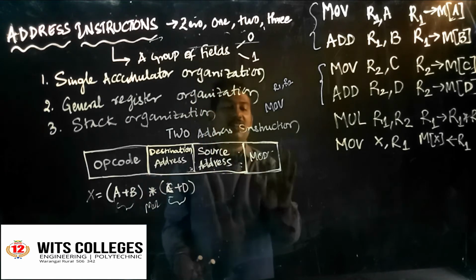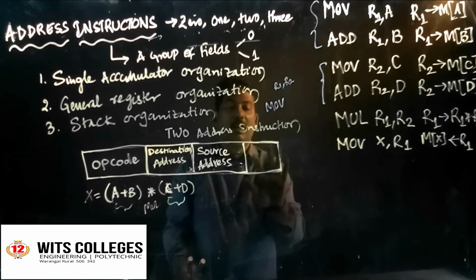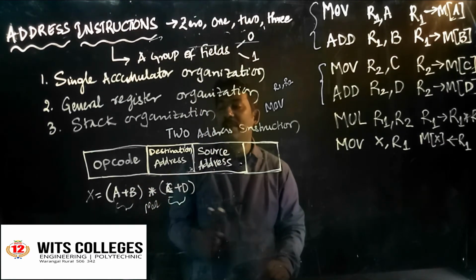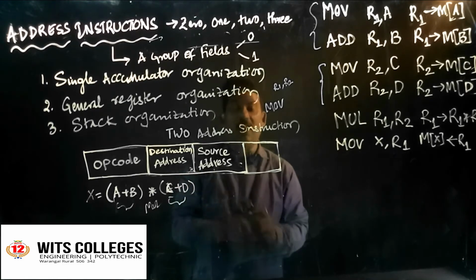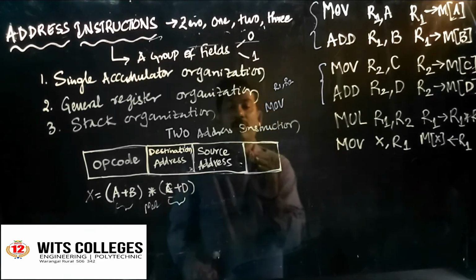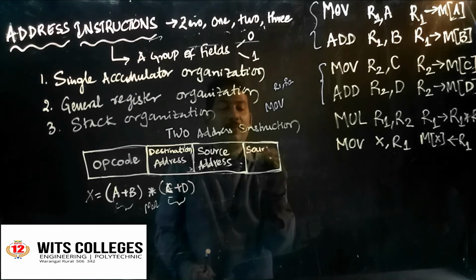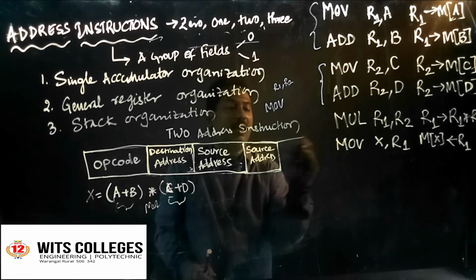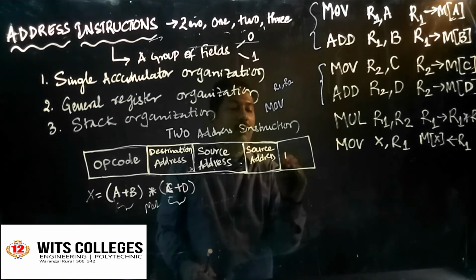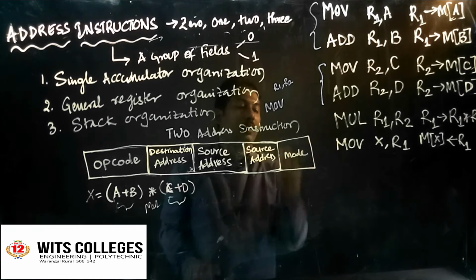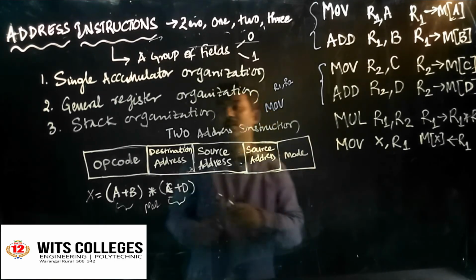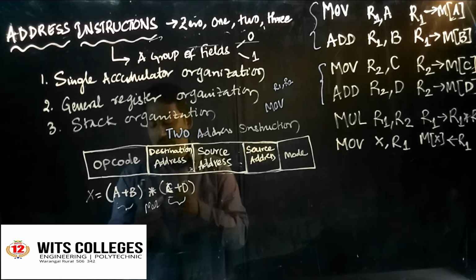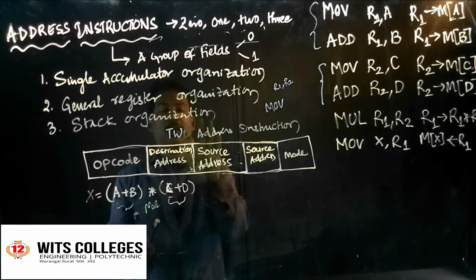In the three address instruction, there will be an opcode, a destination address, and source addresses, along with the mode. So this is the three address instruction, not two, now it's three. Why is it three?